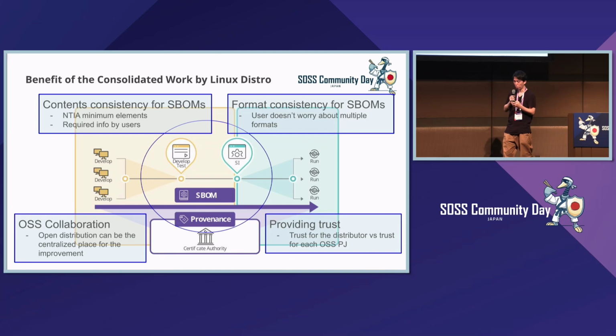Here are 4 big parts. One is content consistency for SBOM. It means providing, of course, the SBOM with the NTIA minimum requirements, and that is of course required. And also format consistency for SBOM.